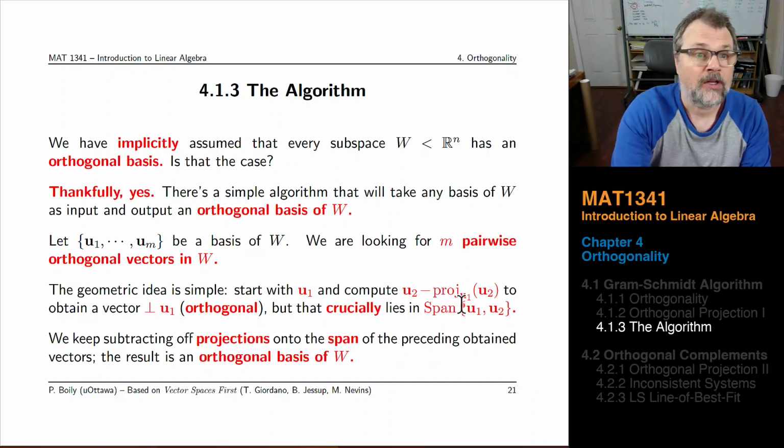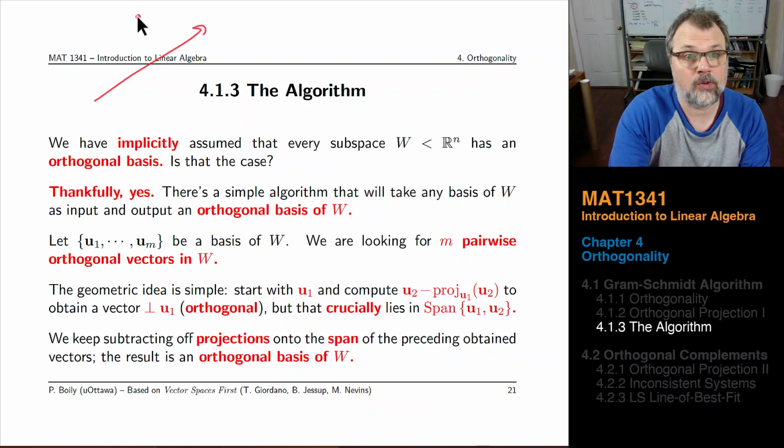So let's say we have the vector u2 right here, and we have u1. So the projection would be this vector here.